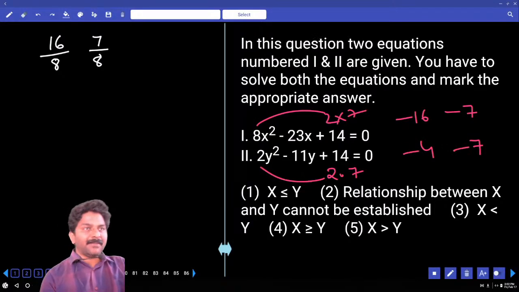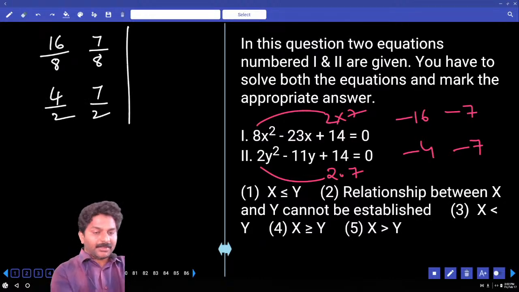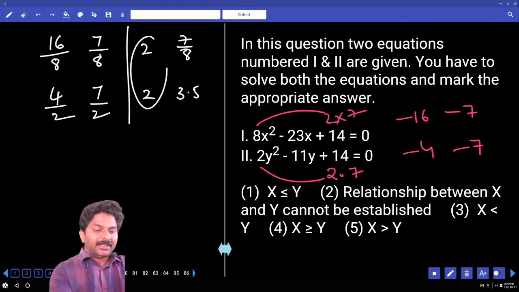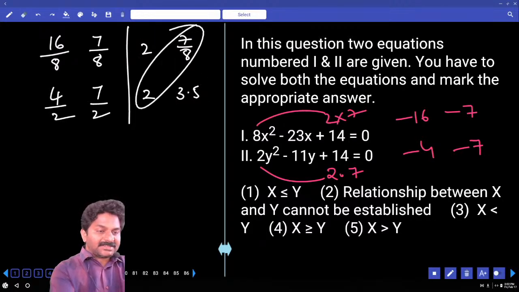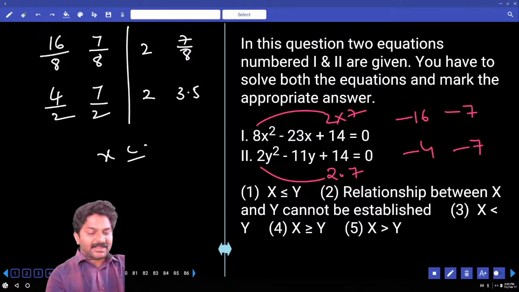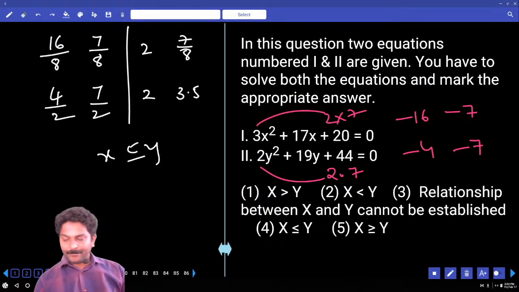Minus 4, minus 7, minus 11. Factors are plus 4, plus 7, divided by 2. This is 2 and 7 by 8, and 3.5. Less than condition, less than condition, less than condition. So x is less than or equal to y.